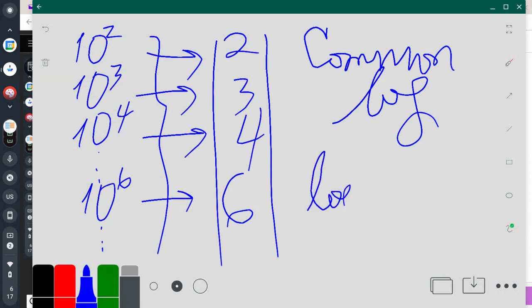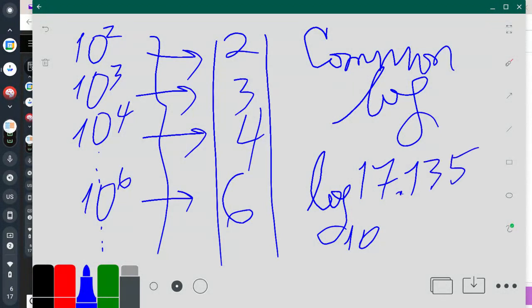It's not easy to take the common log of some numbers like 17.135. Can you take the common log of numbers like 17.135? Yes, you can. I wouldn't say I can, but the computers can.